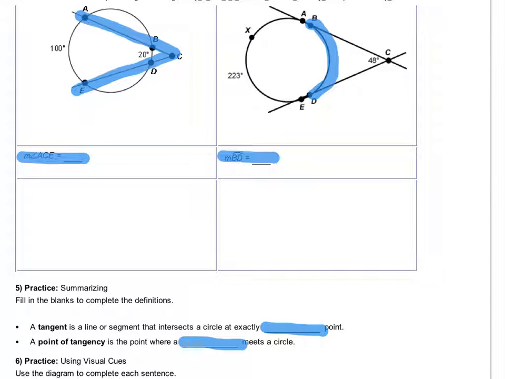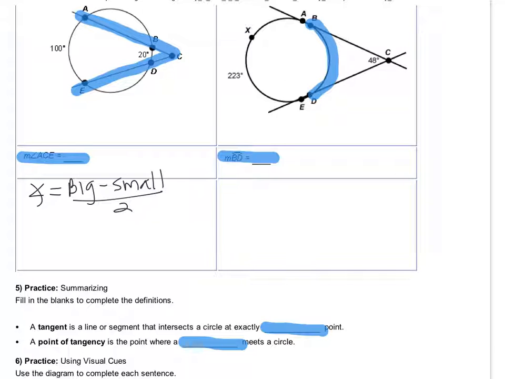Okay, so in the given example, we have two arcs given and we need to find the measure of angle ACE. As long as you remember that when you have two secants and the angle is on the outside, the angle is equal to the big arc minus the small arc, all divided by 2.